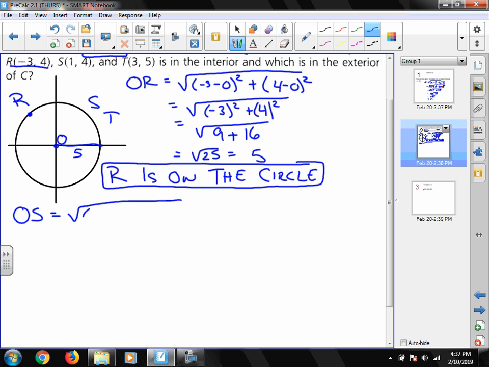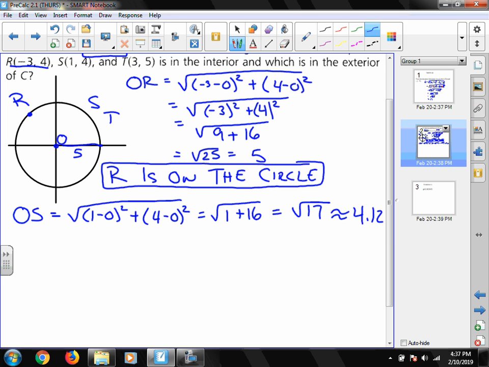So I'm going to go 1 minus 0 squared plus 4 minus 0 squared, which gives me the square root of 1 plus 16, or the square root of 17. Now, square root of 17, I don't know what that is off the top of my head. Actually, I do because I have my notes in front of me. I'm not that unprepared. But off the top of my head, I wouldn't know what the square root of 17 is if I was in your shoes. Okay? So, go ahead. Go to your calculator. Actually type in square root of 17. And your calculator is going to spit out that it is approximately 4.12.